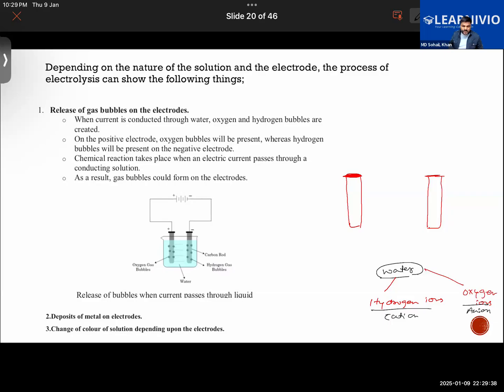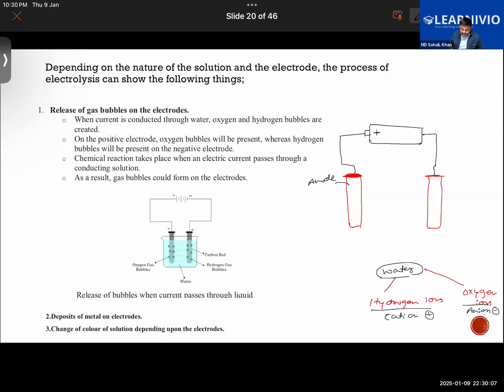Now you also know about the electrodes. The one connected to the positive terminal of the battery is called the anode. Anode will attract which ion, positive or negative? Negative, exactly.